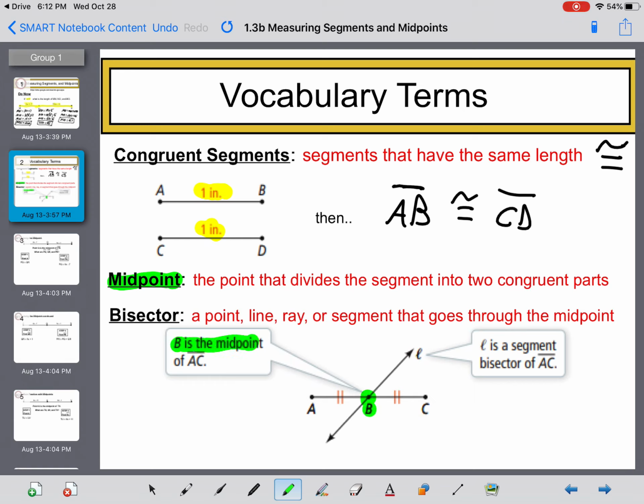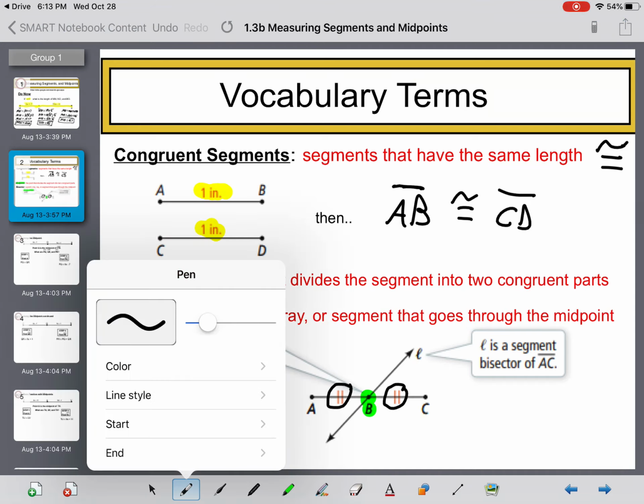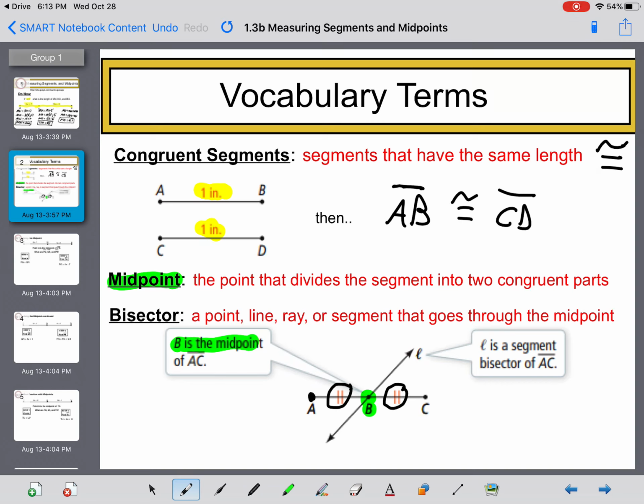If you notice here, we have these two strange double orange lines. Okay, in geometry, and we're going to continue to work on this when we get to angles, AB is congruent to segment BC. So if you can't see that, AB, right here, this line, is congruent to BC, meaning they have the same length.